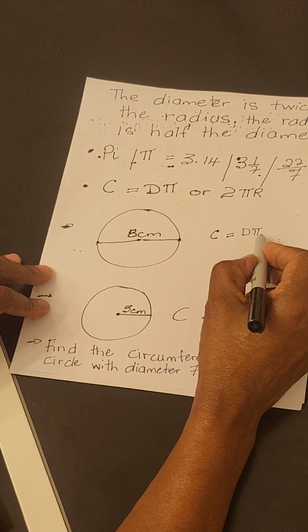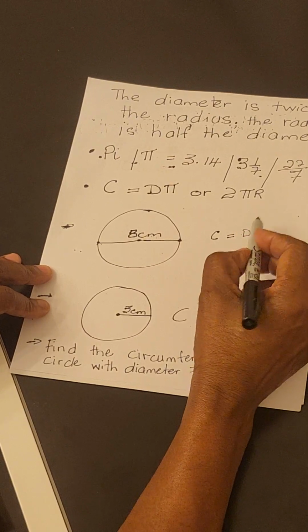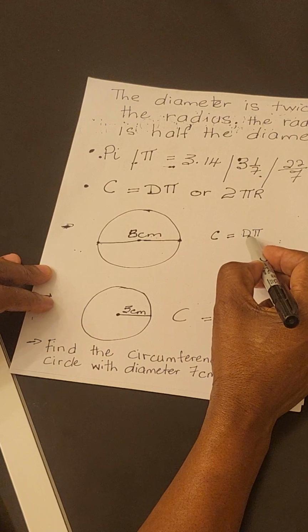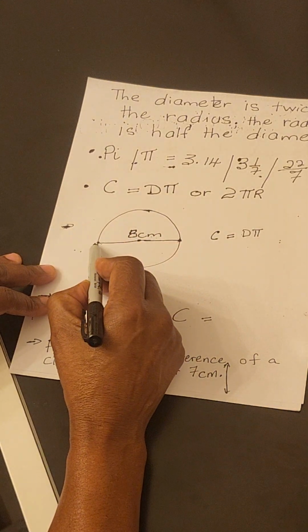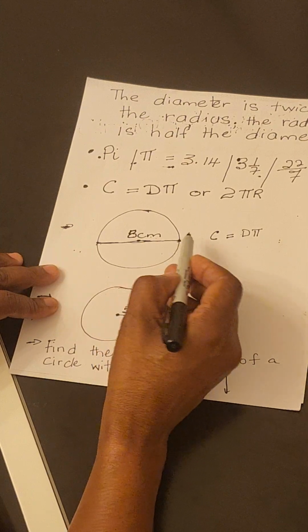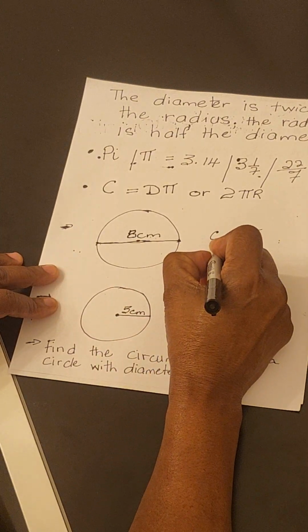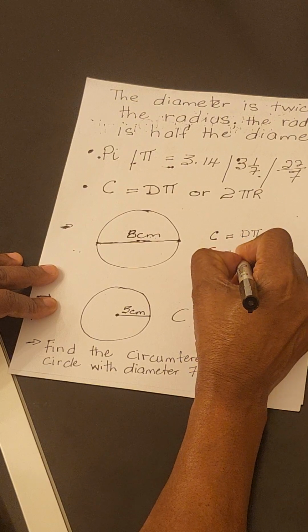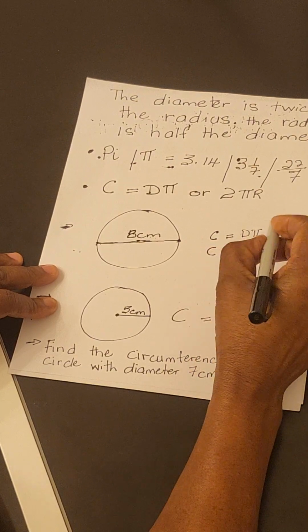Because multiplication is commutative, you can have diameter times pi or pi times diameter. Here the diameter is 8 centimeters, so C, circumference, is equal to 8 multiplied by pi.